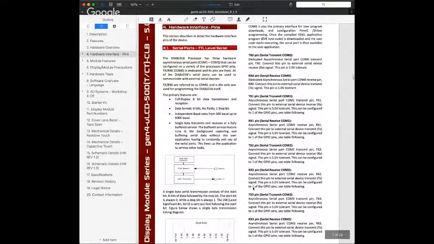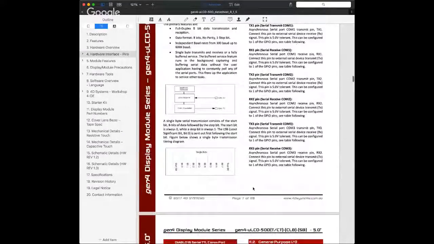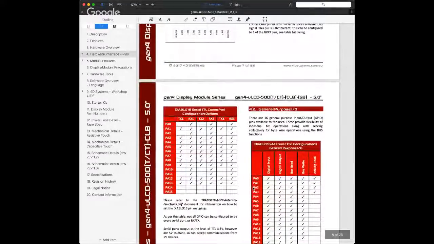They have a lot of I/O ports that are compatible and configurable as serial communication ports as well. So there are a lot of options to work with, which is good.